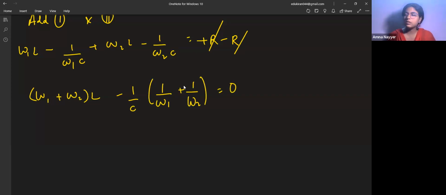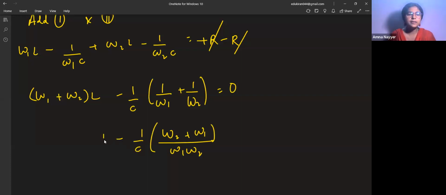Let's solve this, because with the denominators it won't be solved. So we have to take the LCM, omega 1 into omega 2. That becomes omega 2 plus omega 1, and the rest of the details will be the same.